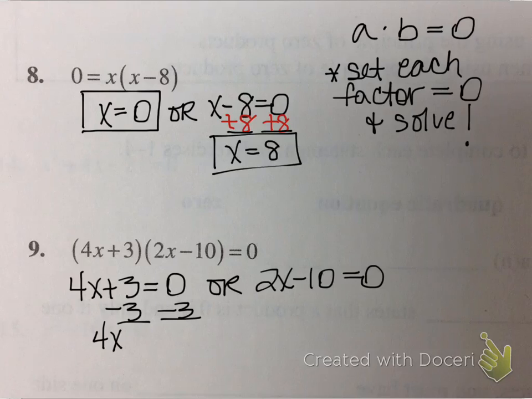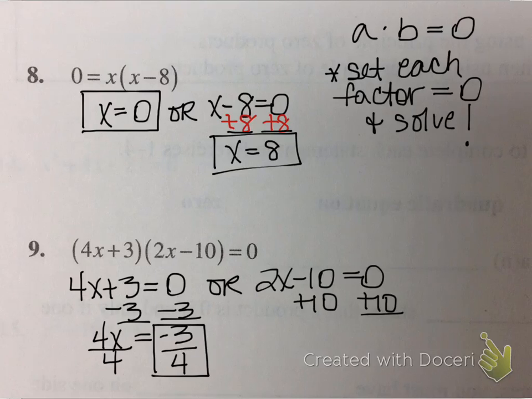So I get 4x equals negative 3. Divide both sides by 4. So my first answer is going to be x could be negative 3/4. On this one I would add 10. Divide by 2. And x equals 5.